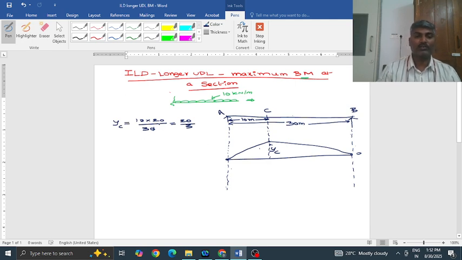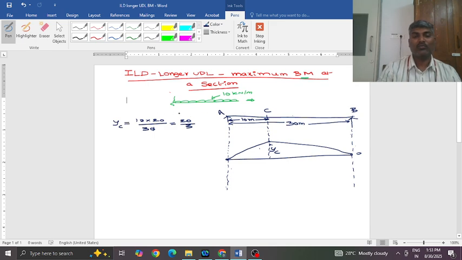How to find YC and what formula to use, we have discussed in our previous lectures. Now, how to position this UDL to have maximum bending moment at C?